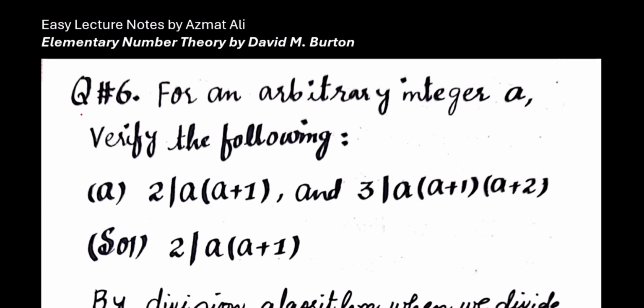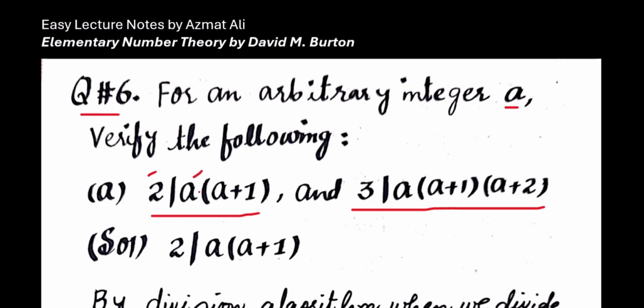In question number 6, for any arbitrary integer a, we have to verify the following: 2 divides the product a into a plus 1. 3 divides the product a into a plus 1 into a plus 2. In the first part, we have to show that 2 divides the product of two consecutive integers.